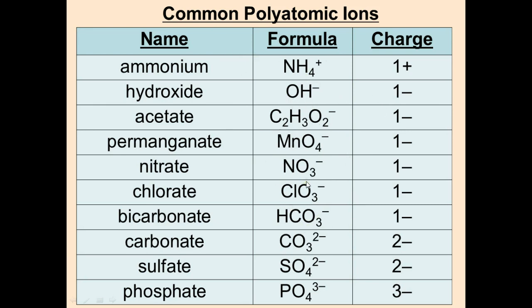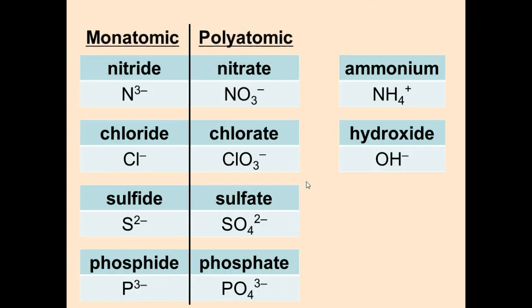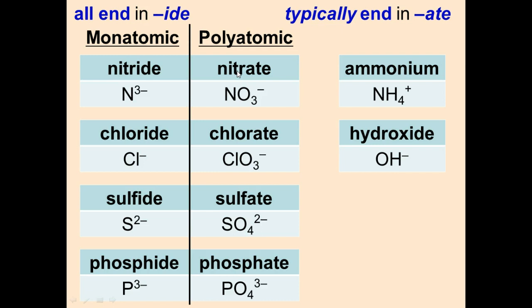And so the main difference is polyatomic ions have multiple atoms, and monoatomic, or just normal ions, at least the anions, end in IDE, but polyatomic typically end in ate, so like nitrate, chlorate, sulfate, phosphate, and then we have some weird ones like hydroxide and ammonium that don't end that way. So they typically end in ate, and most of them have oxygen in them.